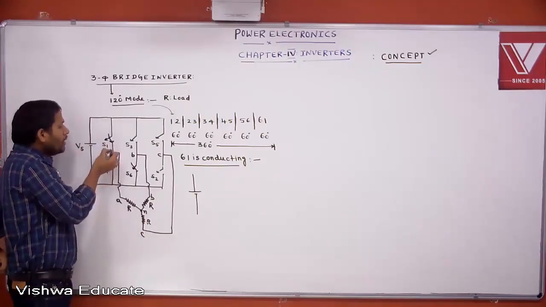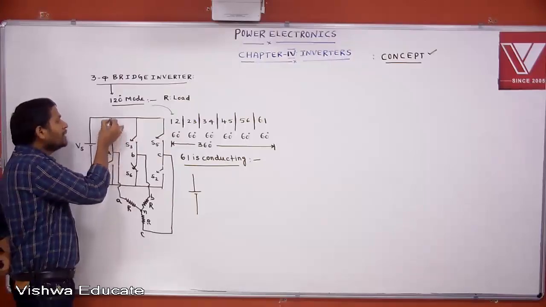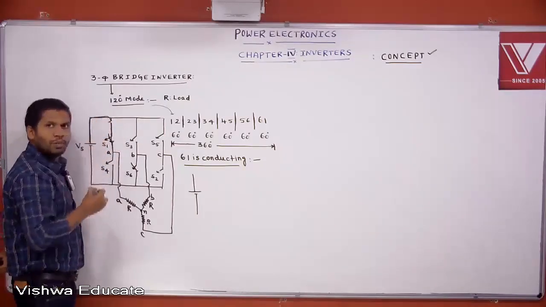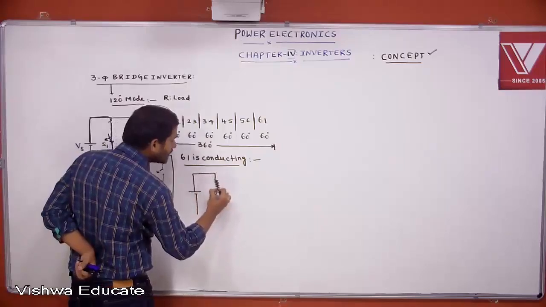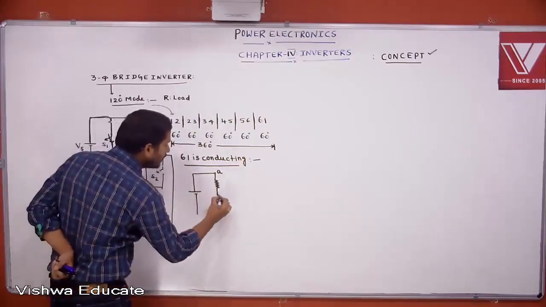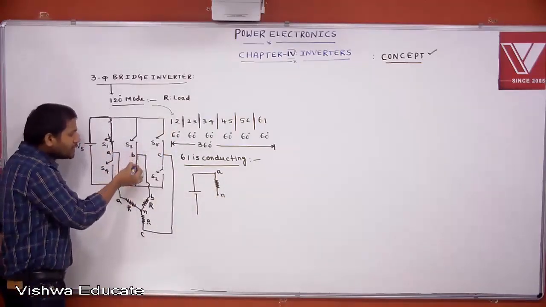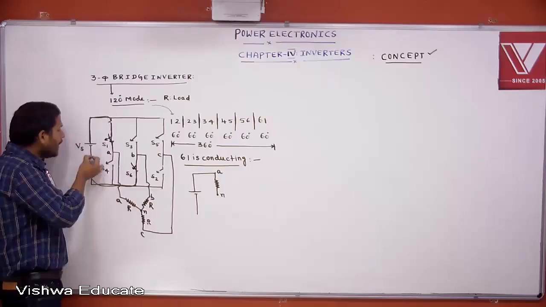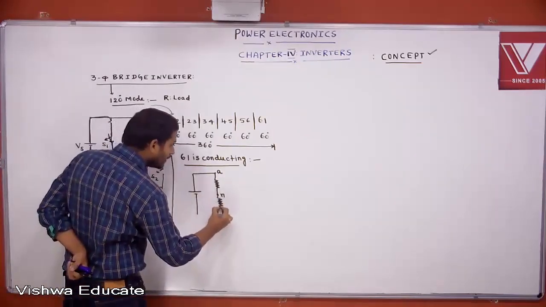Now in A phase 1 is conducting, so A is connected to which plate? A is connected to the positive plate. Draw the equivalent circuit. This A phase is connected to the positive plate, and this point is neutral. What about B phase? B phase is connected to the negative plate.